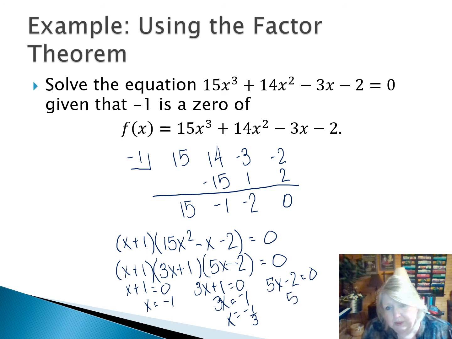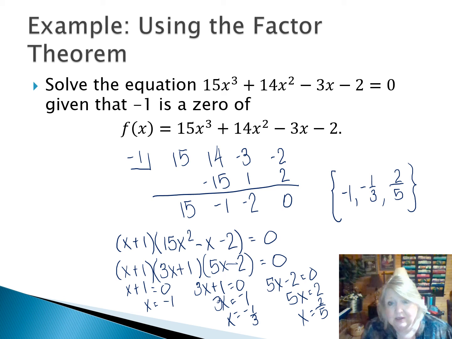So 5x would equal 2, and x would be 2/5. So I have found all 3 answers to my cubic equation: negative 1, negative 1/3, and 2/5. So that is why I want the factor theorem. It is going to save me a great deal of time.